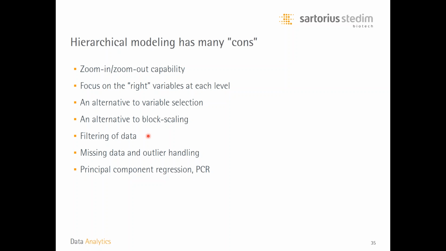We can also use the hierarchical tool set as a way to filter data, and this is based on the residual base level variables. So consider a scenario where you have a Y variable that expresses undesirable features in your data. It can be a machine speed, or in QSAR modeling, it can be the molecular weight of the molecules, or whatever. There is something having a strong signature on all the data, and you wish to look beyond that.